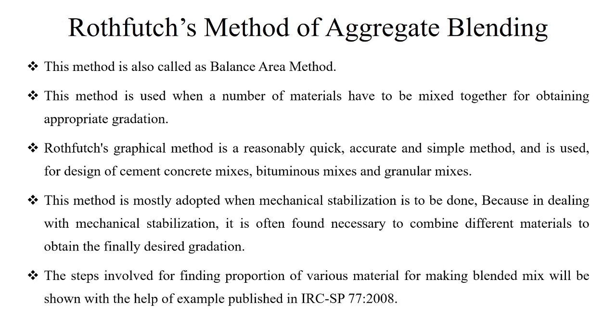To demonstrate the various steps involved in finding the proportions of the various materials to be mixed for obtaining the desired gradation, we'll take an example published in IRC SP 77 2008.